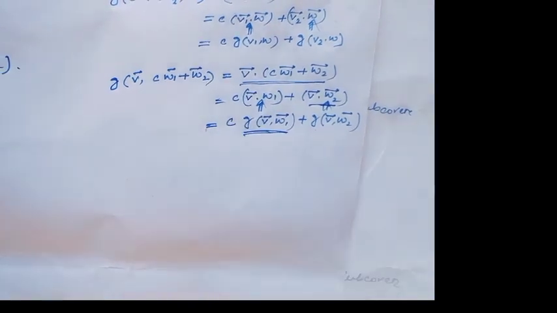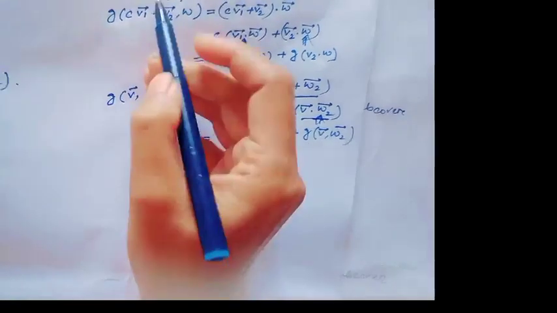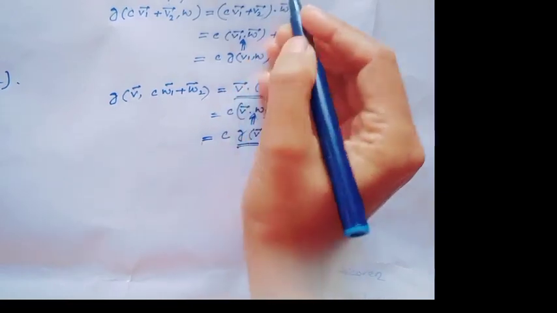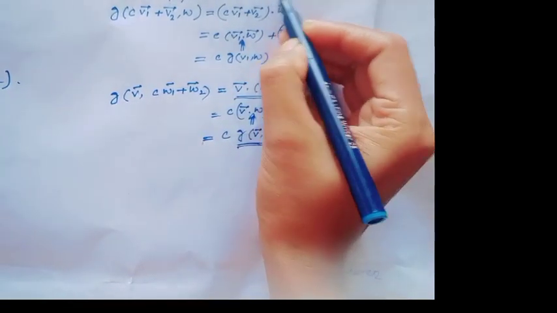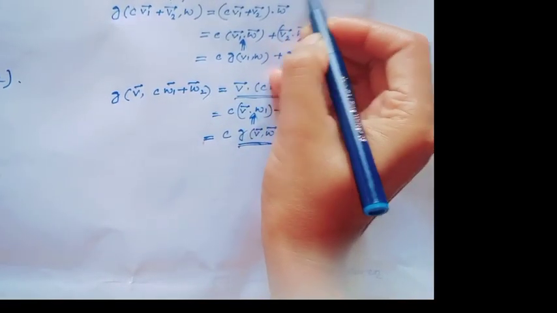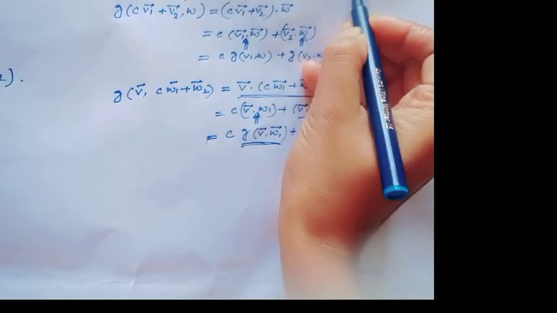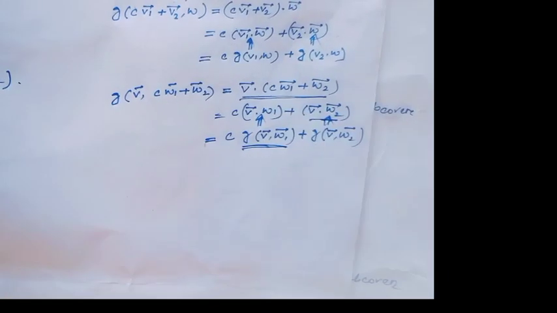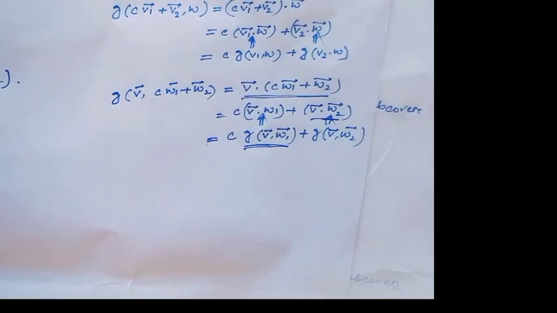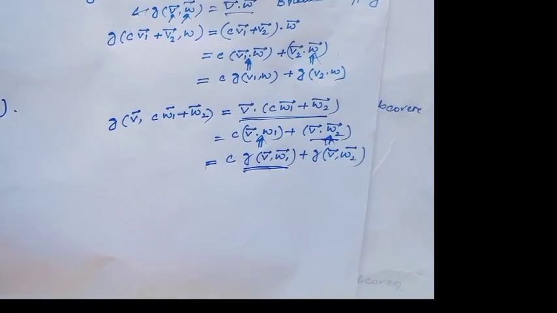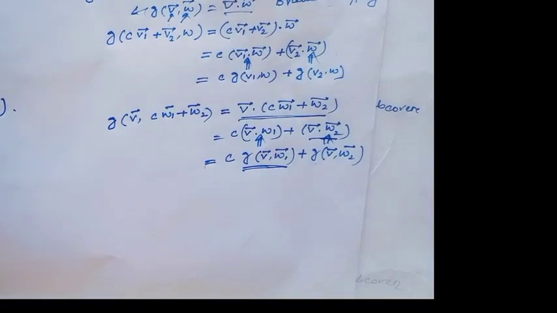That means obviously the function g of v comma w equals v dotted with w is a bilinear mapping because it is linear with respect to both v and w. Have you understood? I hope all my viewers have understood the idea of the bilinear mapping.